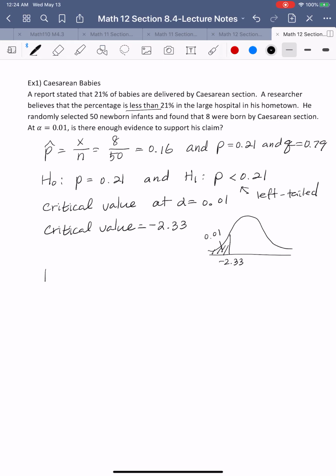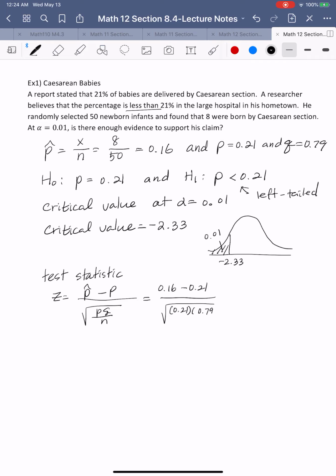Then the test statistic is z equal to p hat minus p over the square root of pq over n. So p hat is 0.16, subtract 0.21, over the square root of 0.21 times 0.79 over n equal to 50, which is about negative 0.868.